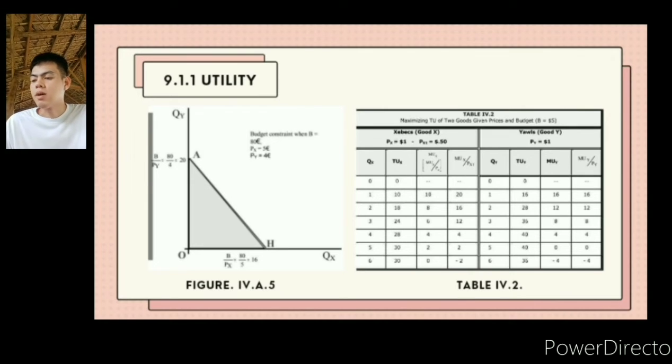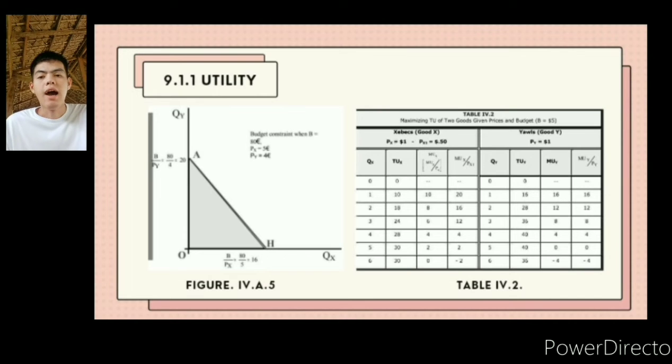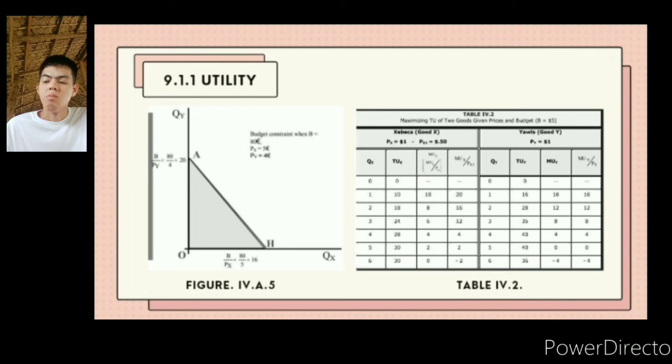In order to maximize the utility derived from two goods, the individual must allocate the budget to the highest valued use through using marginal analysis. In the table, we see the two goods, the Cebec and yours.